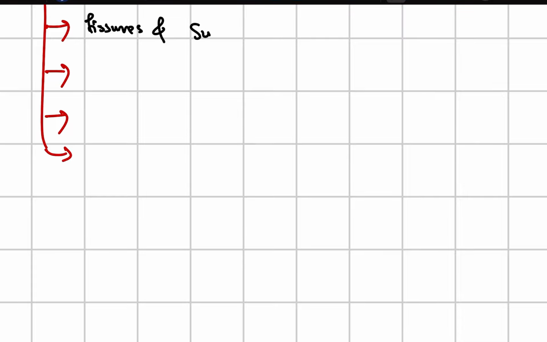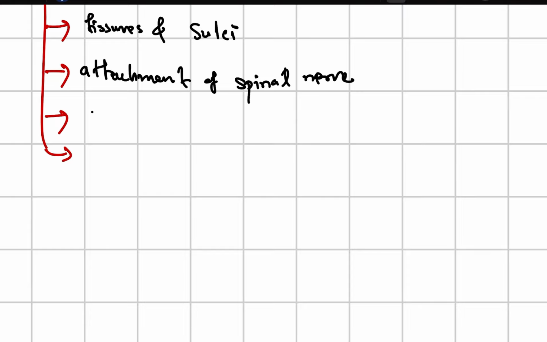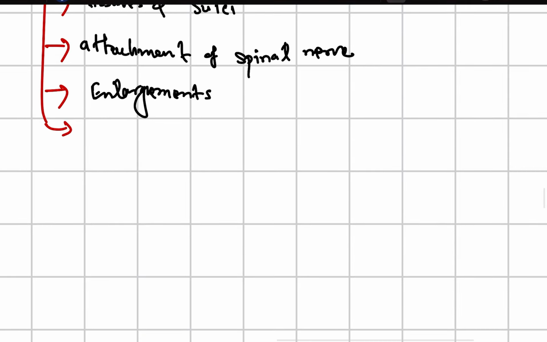These are the fissures and sulci. Then there is the attachment of a spinal nerve. Then there is enlargement, and then at the end the conus medullaris.